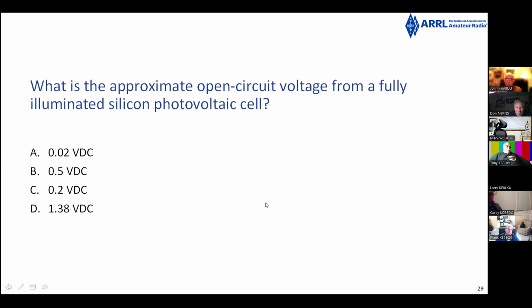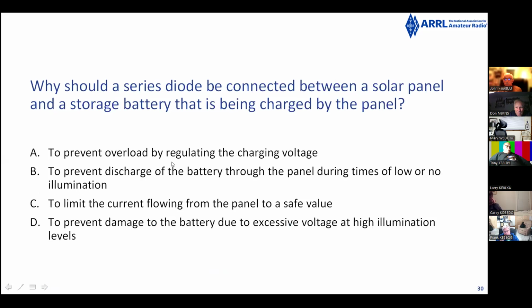And it's a half volt. Bravo, 0.5, half volt, which I guess is similar to the forward bias voltage, but the forward bias is 0.7.